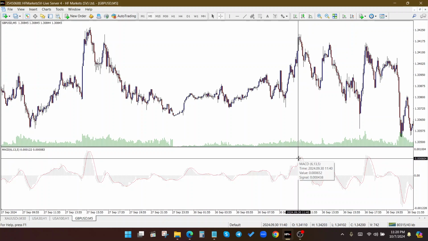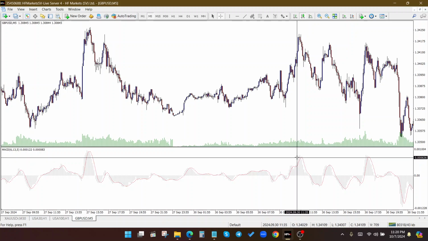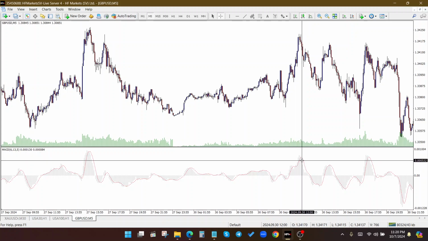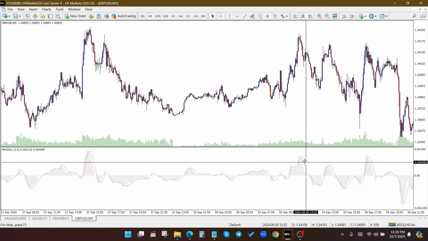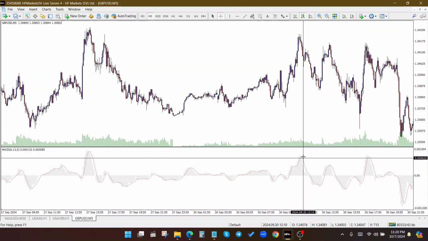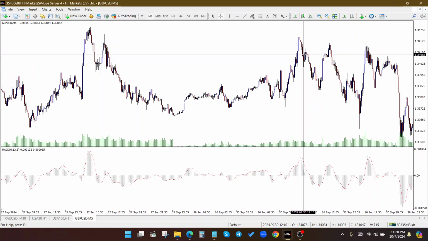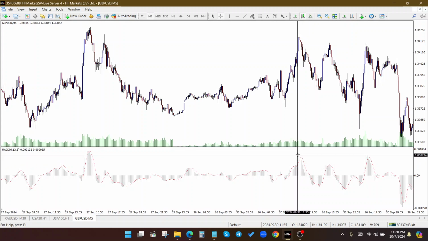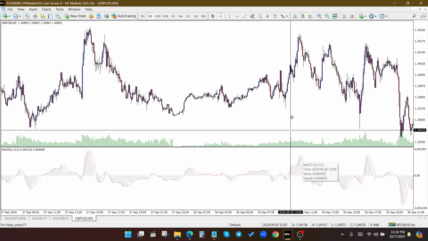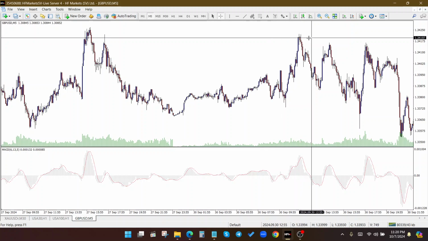Once it begins to curve downwards above the histogram bars, you can consider that an exit signal. At this point, if we were using the curving downwards of the MACD line, we would have exited around this resistance level.